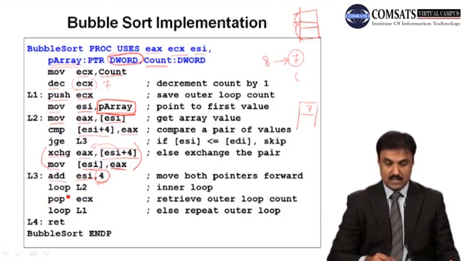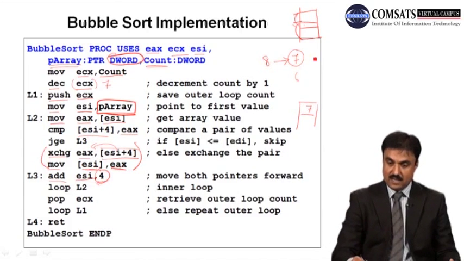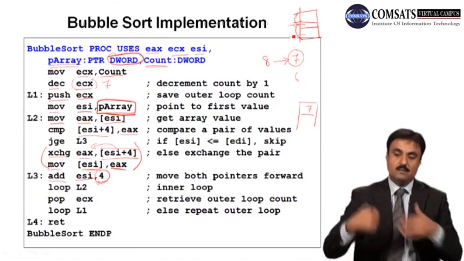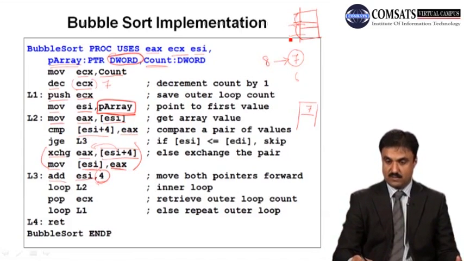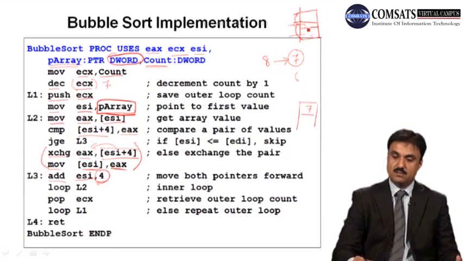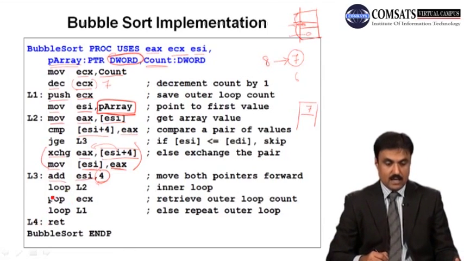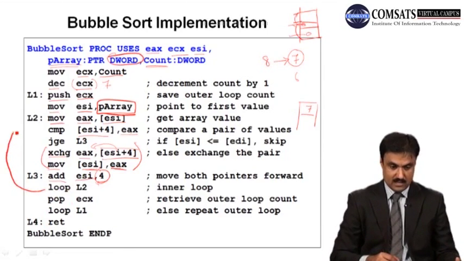Initially ESI was equal to the starting address, and ESI plus 4 was compared. Now we are going to increment ESI, so the second element is compared with the third element. Then it will loop to L2.